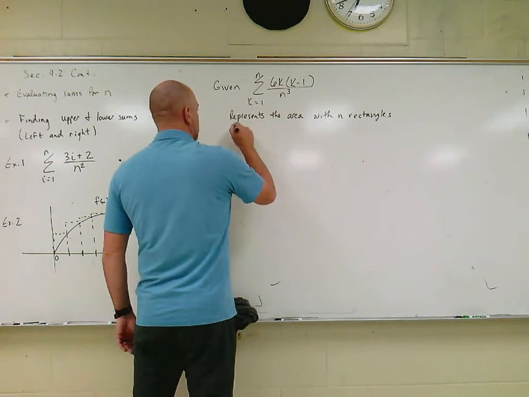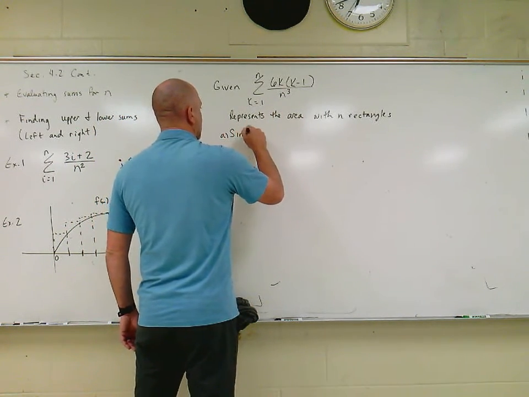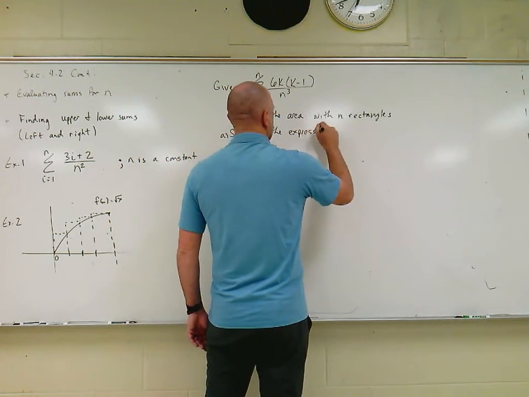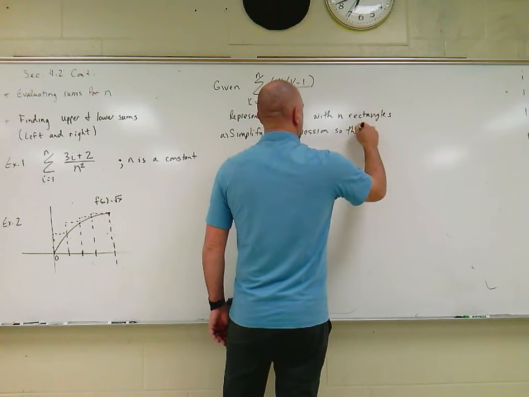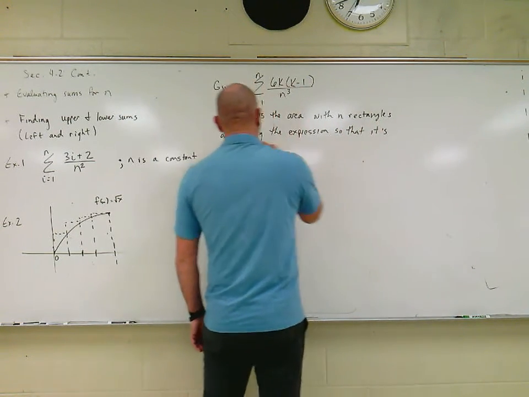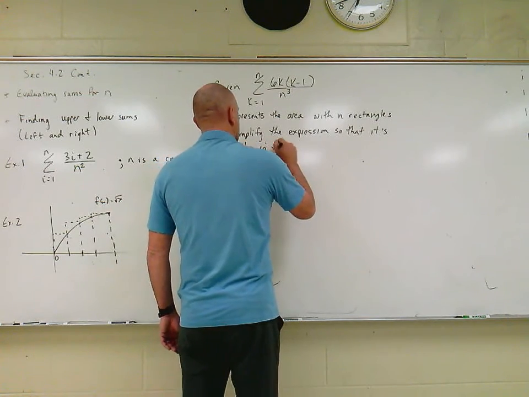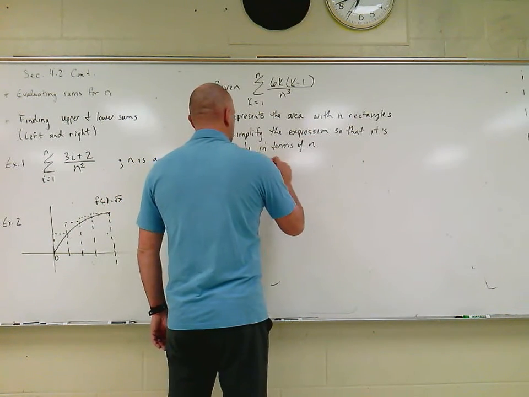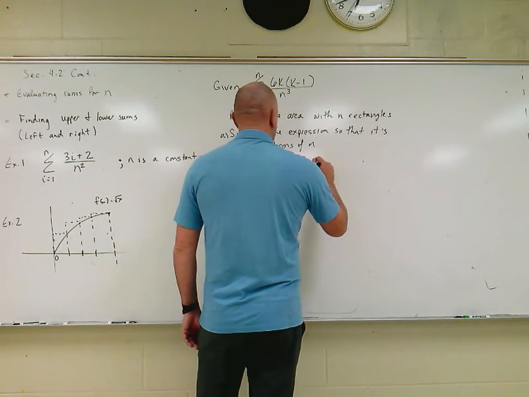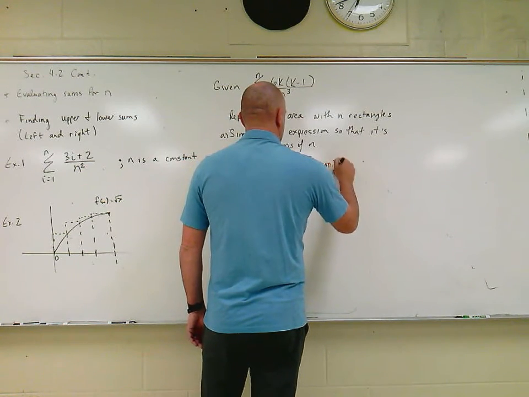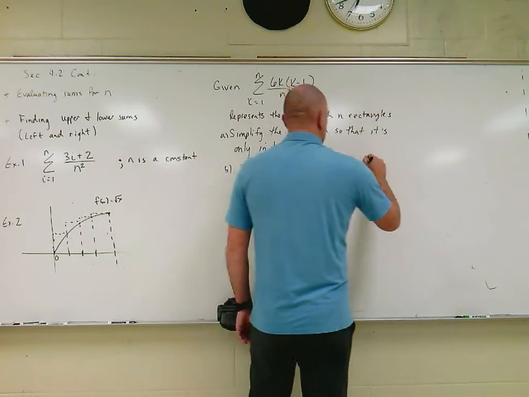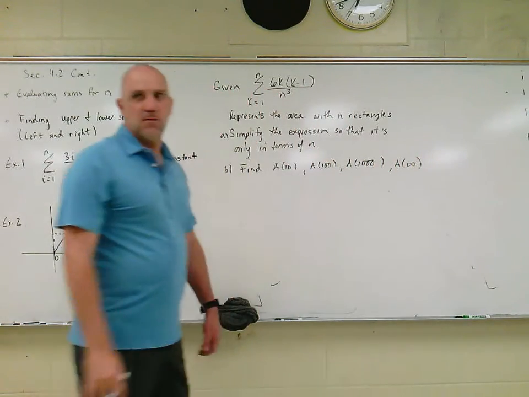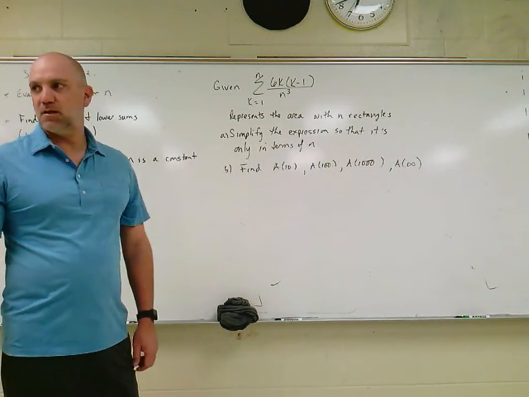Then we're going to simplify. So part A, simplify the expression so that it's only in terms of n. Then we're going to find A of 10, A of 100, A of 1,000, and then eventually, I know this is taboo, but I'm putting A of infinity, which means what you said was exactly right: take the limit as n goes to infinity.